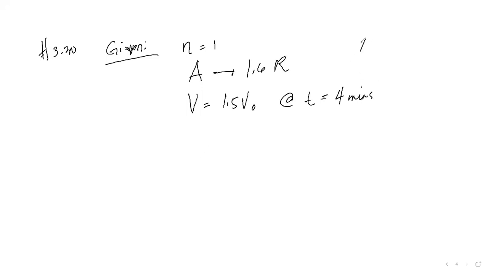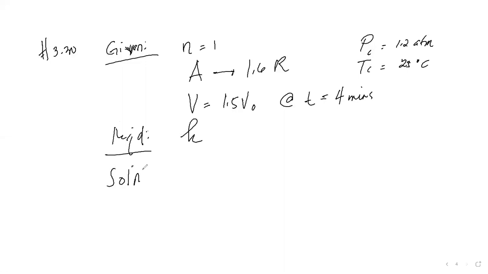Now, it's constant pressure, 1.2 atm, constant temperature, 25 degrees C. So that tells us that there's a need for us to determine epsilon A. You still need the k. And before you forget anything, write right away epsilon A. That way you will not forget that there's a need for you to determine it.